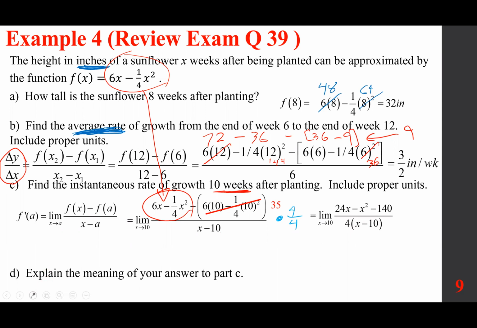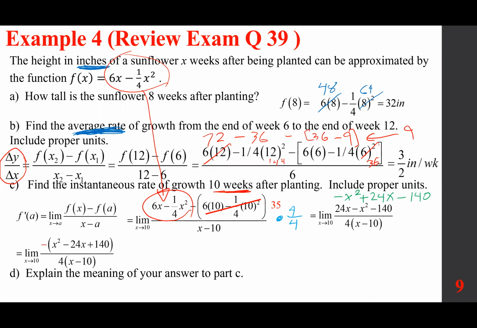Okay, so when we put this in descending order, class, we get minus x squared plus 24x minus 140. So remember, when we want to factor, normally we like the leading term to have a positive coefficient. So we're going to take a negative sign out.